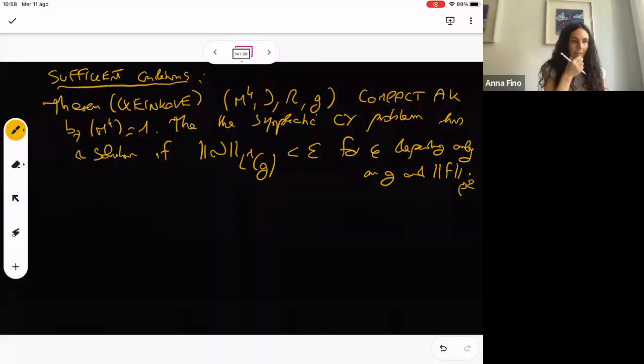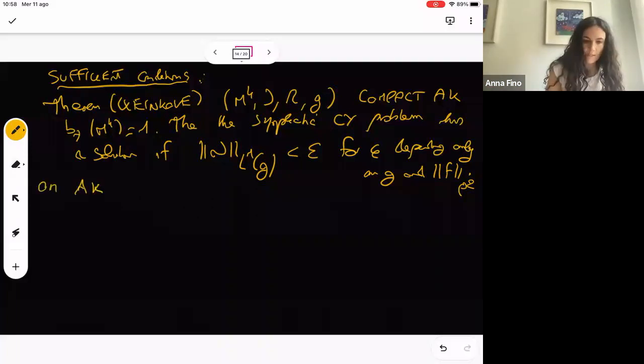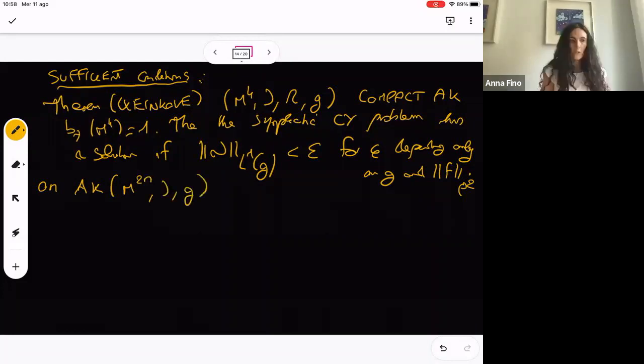And then there is a sufficient condition found by Tosatti, Weinkove, and Yau, and it is in terms of the Chern connection. When you have almost Kähler, this is in all dimensions, almost Kähler M, omega and J, there exists a unique, so almost Kähler, but there still exists a unique connection that is still called the Chern connection.